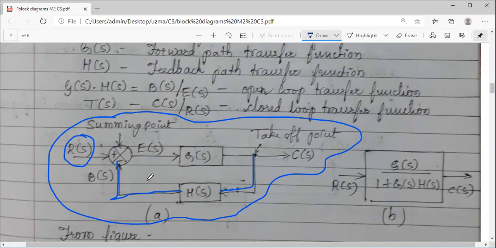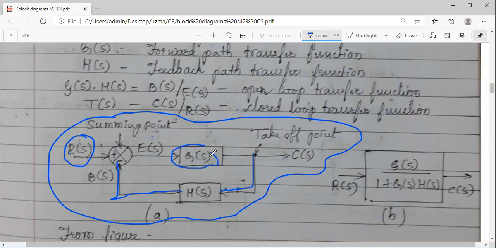And remember, when we are taking this into consideration, the blocks, the operation, the signals, we are considering their Laplace transforms. The frequency domain analysis we are looking into. So R of t is your reference signal, R of S will be its Laplace transform. So R of S is your reference input.